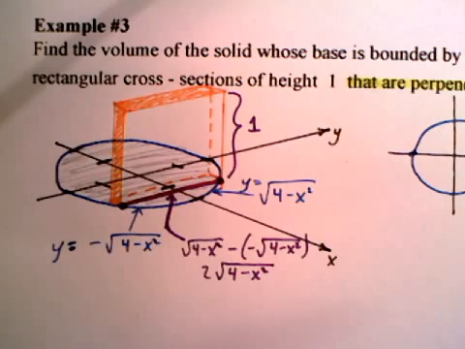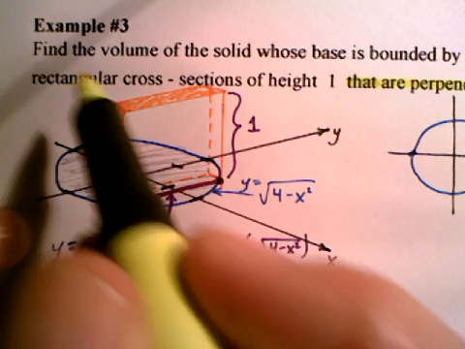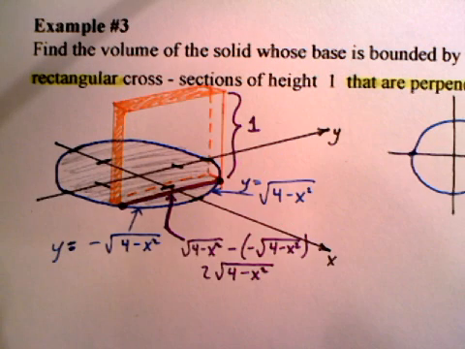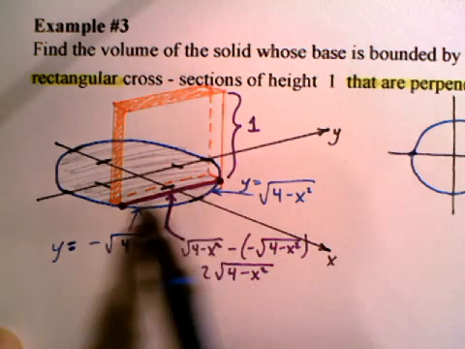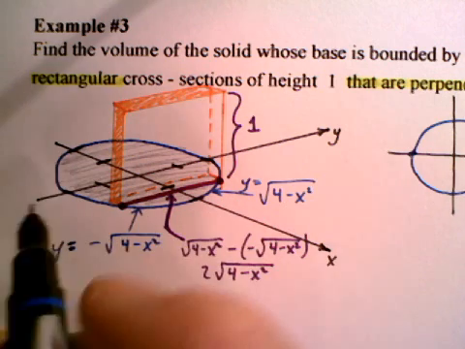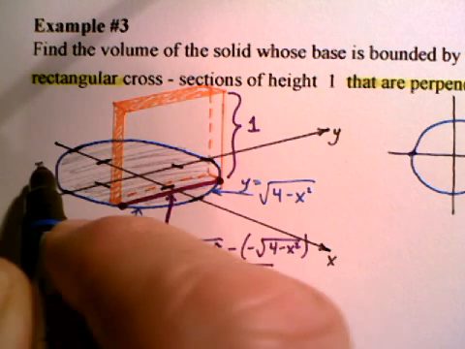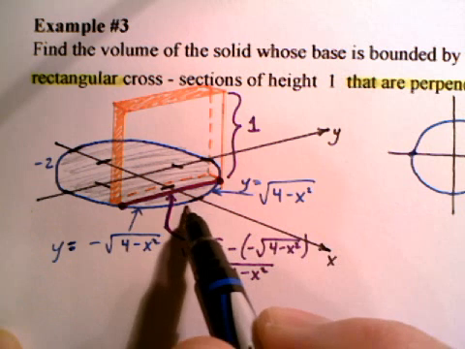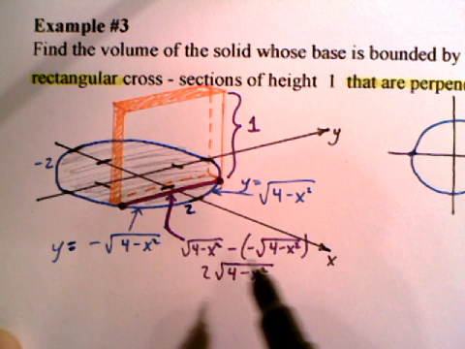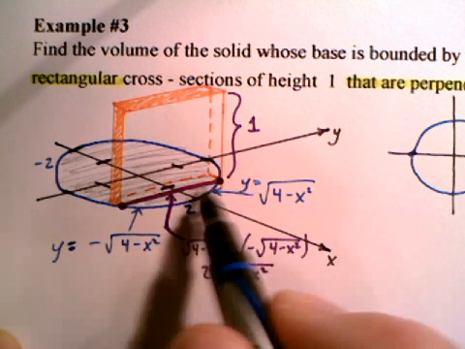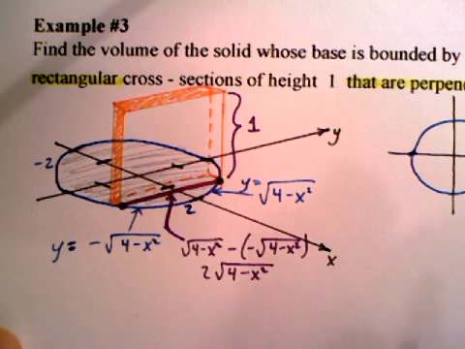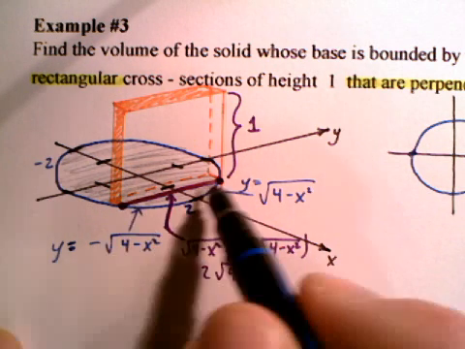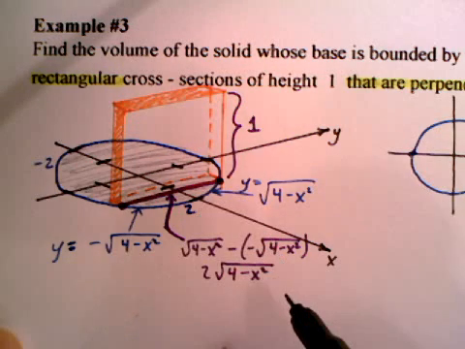Again, the cross sections here are rectangular, and the heights of the rectangles are each 1, but the base would then change as you move from left to right. In fact, as you move from -2, because 2 is the radius of the circle, to +2, and so then again the most critical part here is to be able to express the length of the base of the cross section in terms of x.